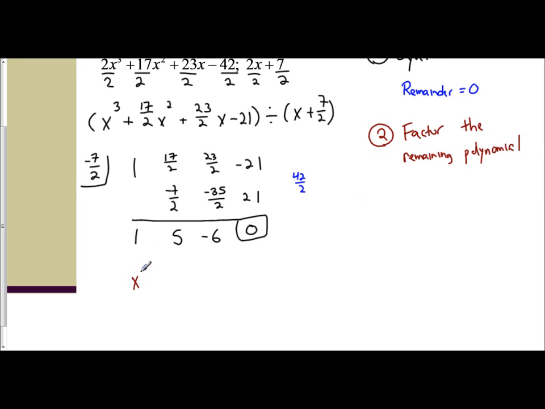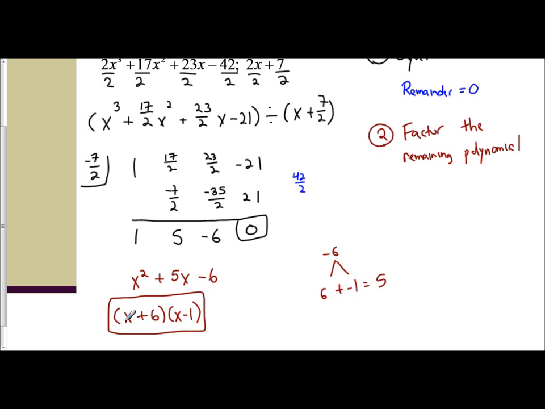X squared plus 5x minus 6. So we need two numbers that multiply to give you negative 6 and add to give you positive 5. That would be 6 and negative 1. So we get x plus 6, x minus 1. And those are my remaining factors.